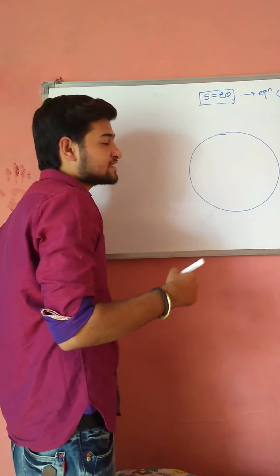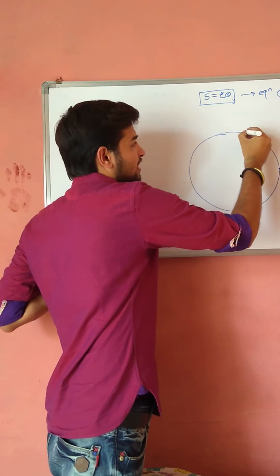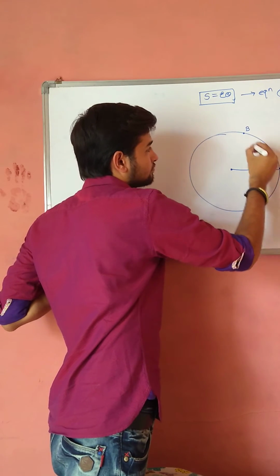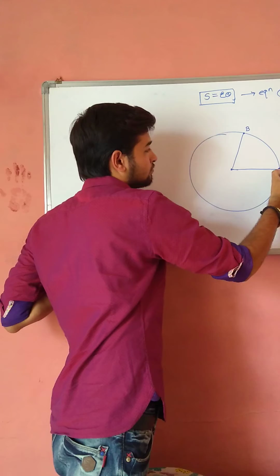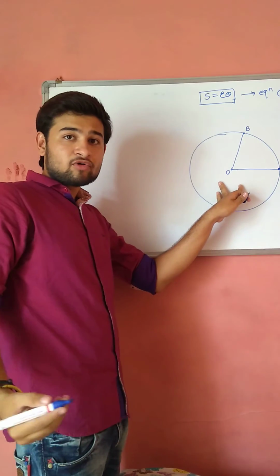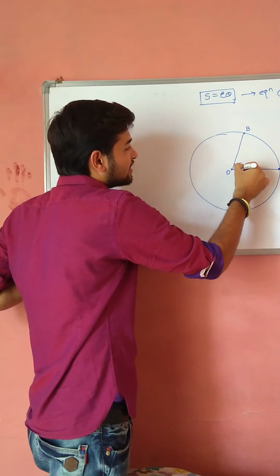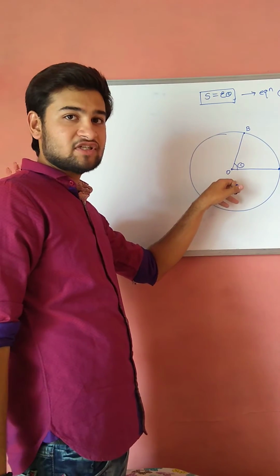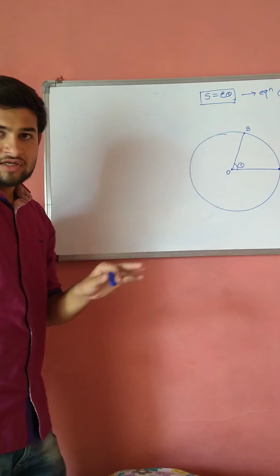The initial position of the particle is A and the final position of the particle is B. What about the linear velocity of the particle, and what about the angular velocity? This particle is making an angle theta, so angular displacement is included, angular velocity is included, and angular acceleration is also included if the angular velocity is changing.